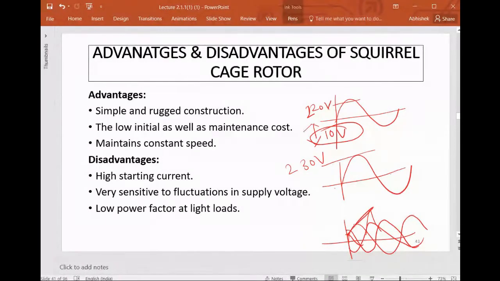Then you will take the average of these phases, and you will get constant speed of the motor in case of a three phase induction motor, whereas in a single phase induction motor it is not possible, because only one phase you have to connect with the motor. Okay, clear everyone?